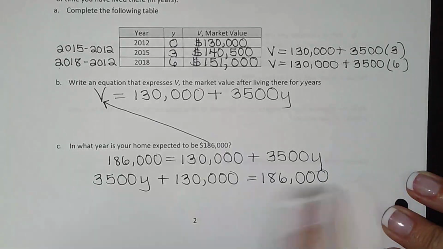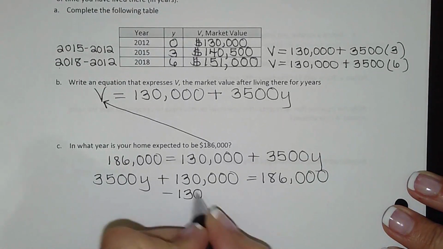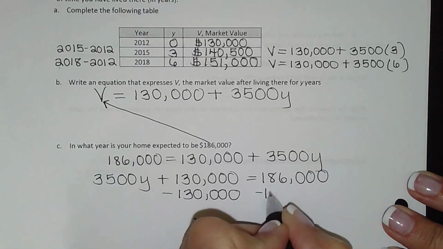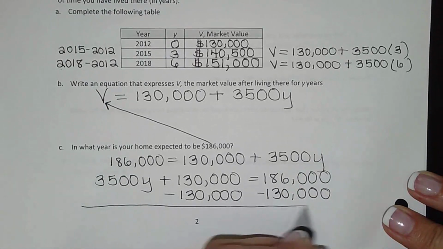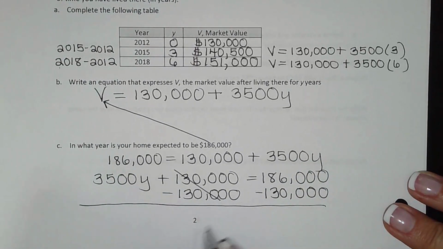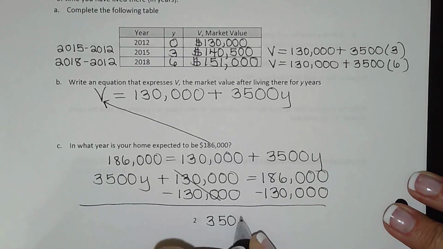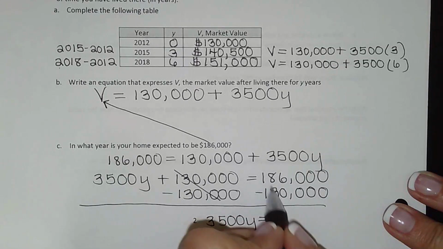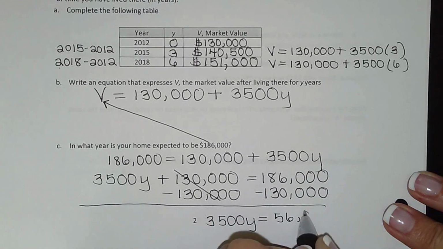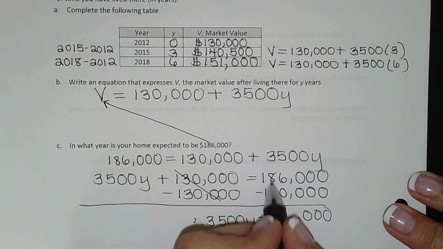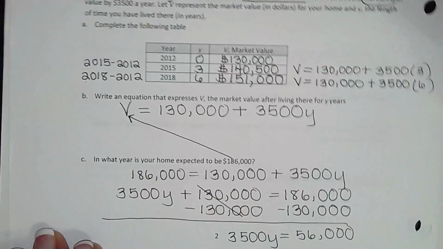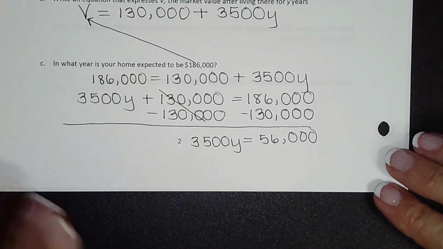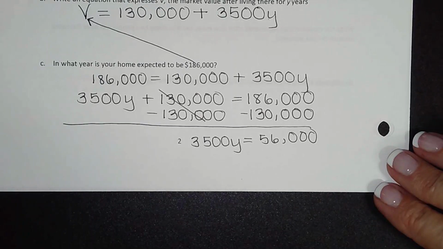Anything without a Y moves right, so subtract 130,000, subtract 130,000, and that leaves us with 3,500Y equals 56,000. So 0, 0, 0. This is a 6. 8 minus 3 is 5. The ones are gone. And let's see what kind of cockamamie number we're going to have on this one.